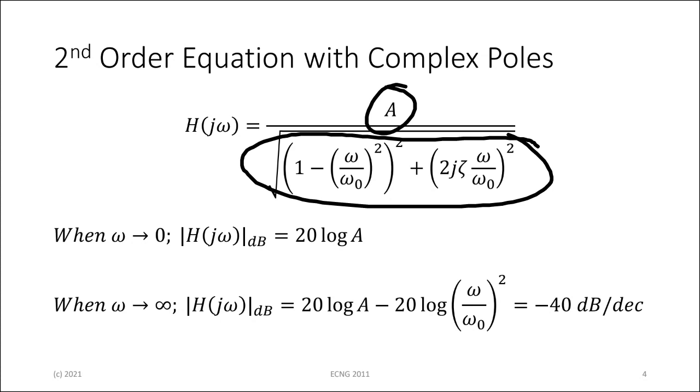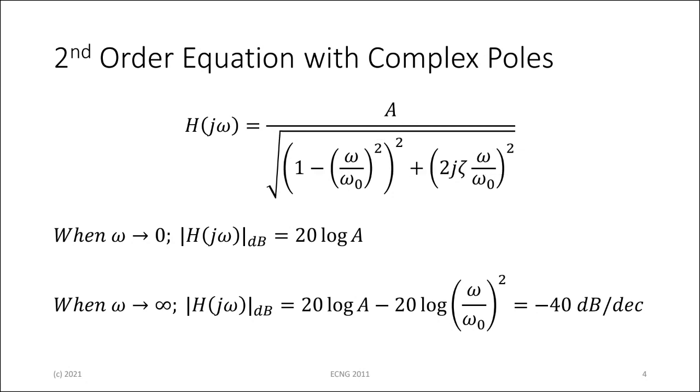As omega goes to 0, this bit will drop off, so we're just going to remain with a 20 log a.